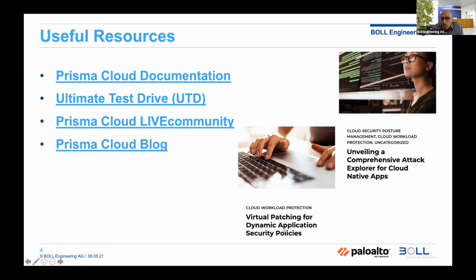If it comes to questions in general or specifically to Prisma Cloud, there is a live community available. I've hyperlinked everything, so when you get the presentation later on, you can use these links. Simply ask the community, and I'm sure you get answers to your questions soon.